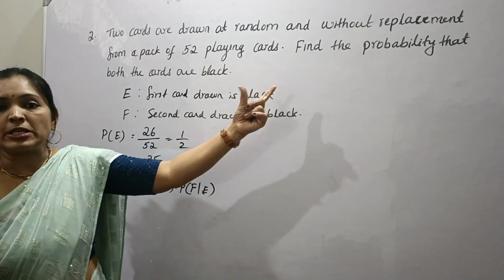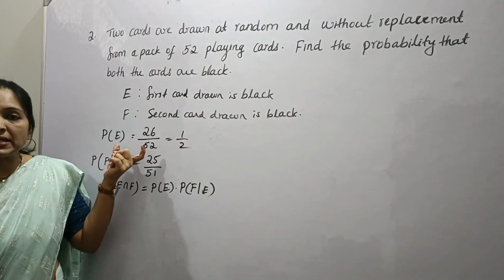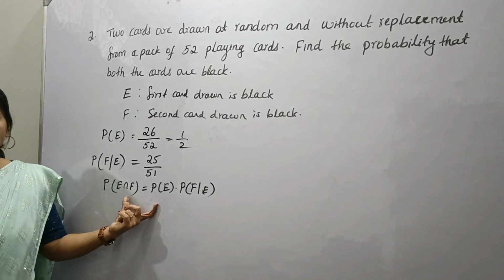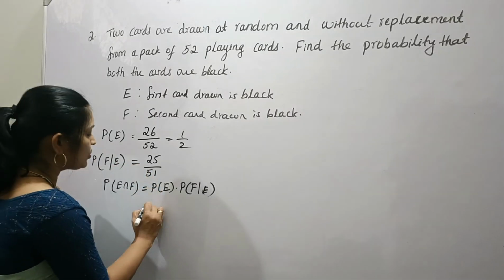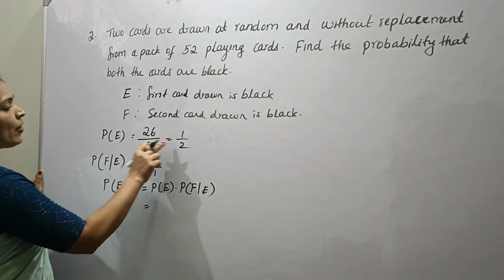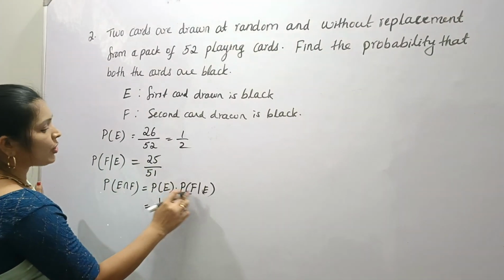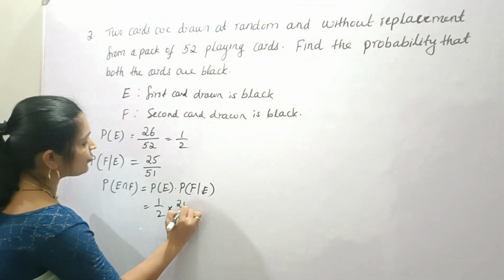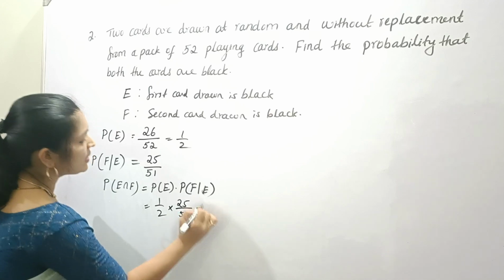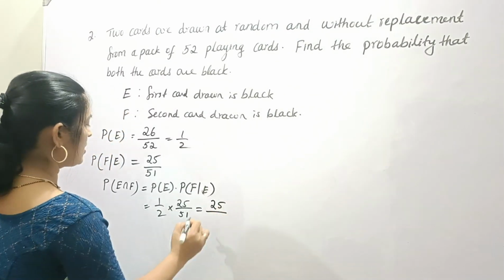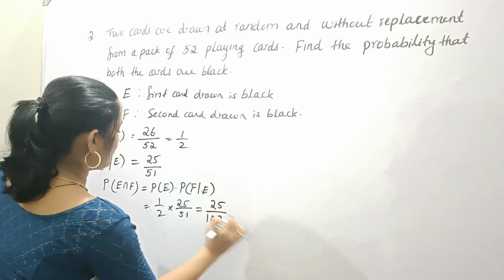If it is without replacement, then given events are dependent events. Therefore, it is the formula. Okay. That is equal to, substitute, probability of E is 1 by 2 into probability of F given E is 25 divided by 51, that is equal to 25 divided by 102, right?